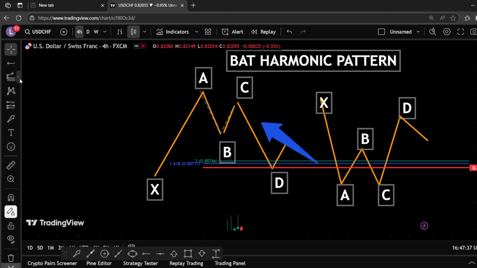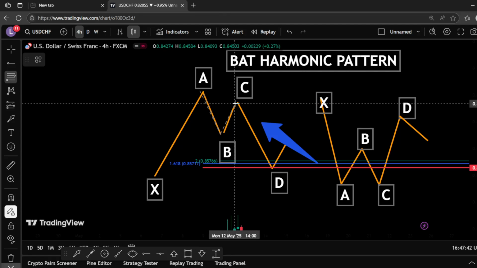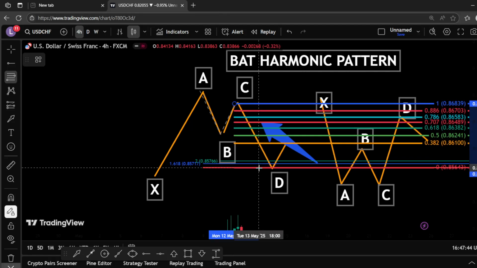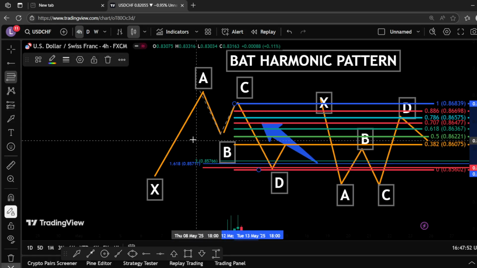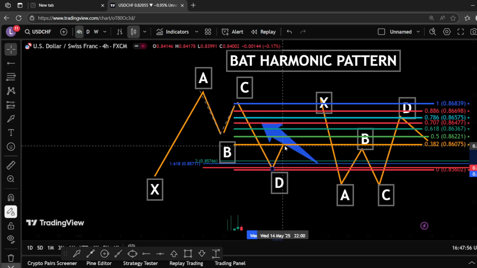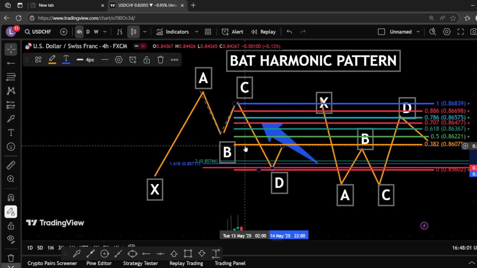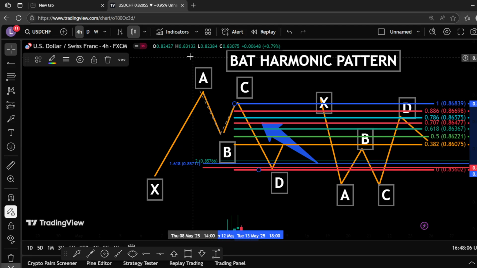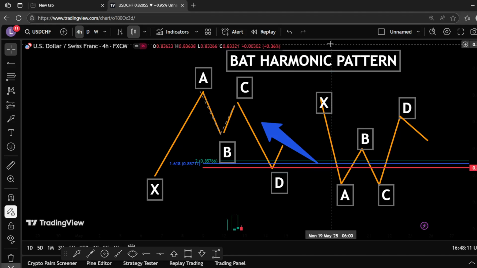You take the fib retracement and measure from the C to D leg, where the candle terminated, and your first take profit will be at 0.382. The second TP will be at 0.618. From my experience, once the first TP hits, we tend to have a retracement back before pushing up again.